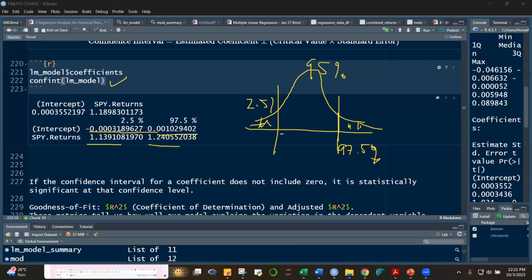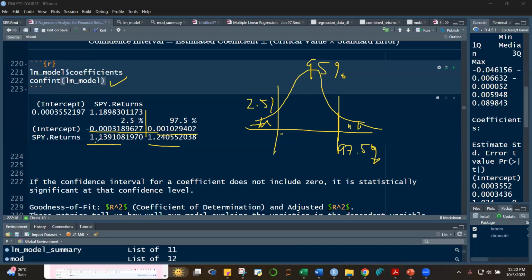Now you notice the intercept touches 0, from negative to positive, which means that 0 is a possible value here. That's why the intercept is not significant. If your confidence interval touches the 0 value, then it's not significant, because there's a possibility that the real value for the intercept is 0.